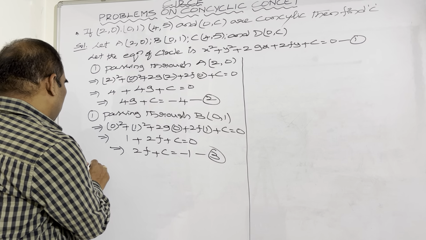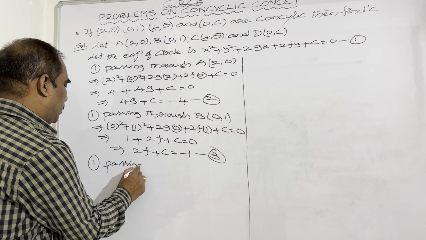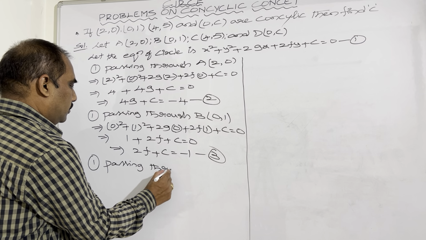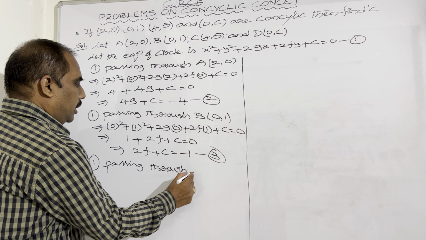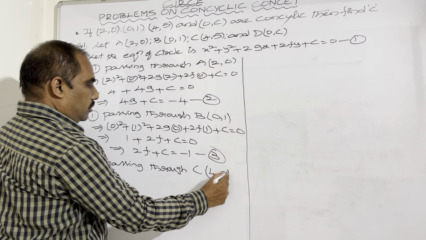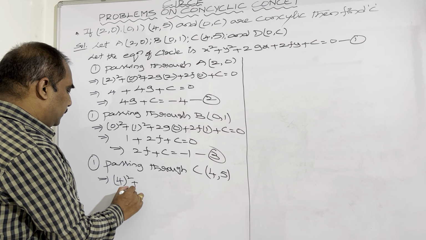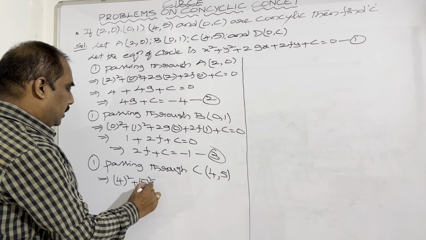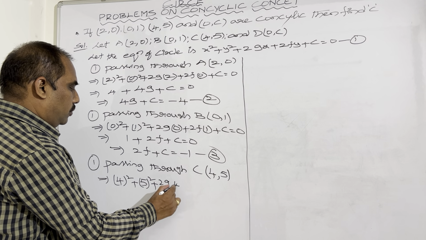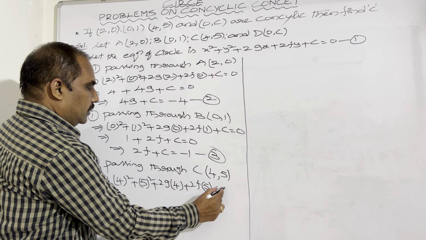Now next, similarly, 1 passing through the third point, C (4, 5). This implies 4 square plus 5 square plus 2g into 4 plus 2f into 5 plus c is equal to 0.